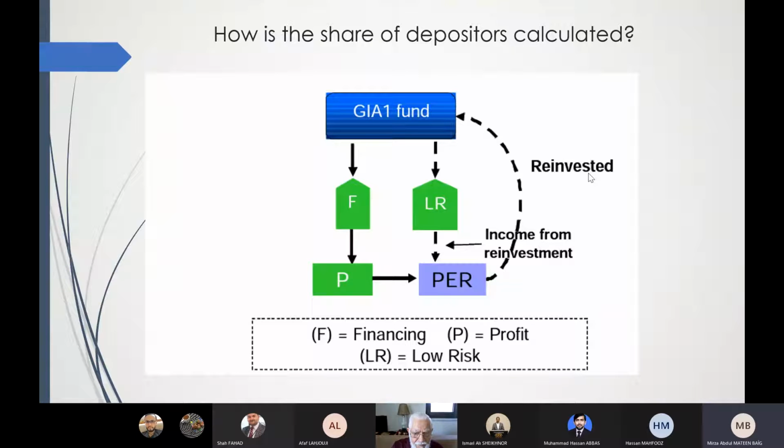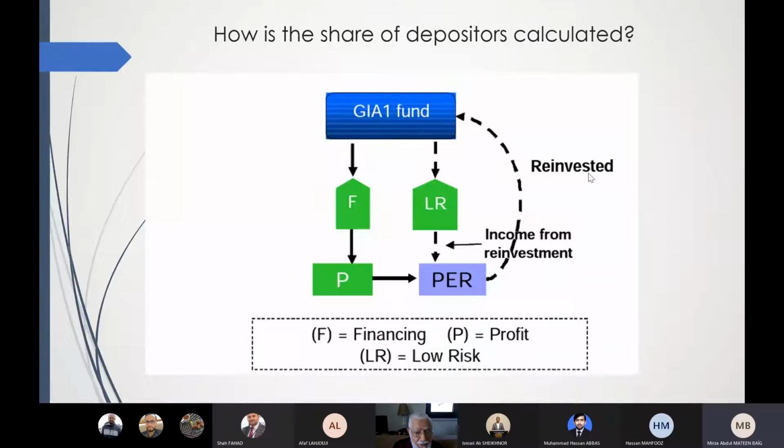No, I'm saying that this PER ratio of 2%, maximum 2%, 1%, 0.7% is applied to the Mudaraba based deposits only: savings, and fixed deposits for 1 month, 3 months, 6 months, 12 months. Well, it's applied on Mudaraba, but it is applied on the profit, not on the Mudaraba. It is taken from the profit.